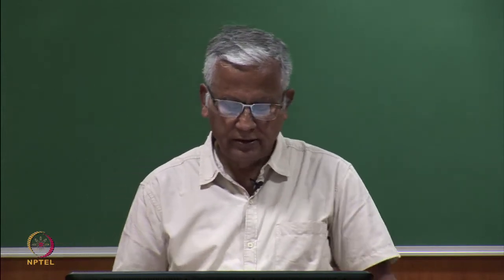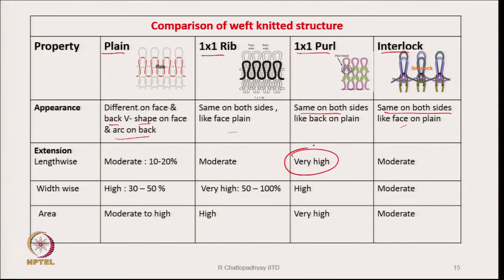Extension wise, you see purl gives you very high extension. So, if high extension is required, purl structure is the best, whereas the other structures give you moderate extension in the lengthwise direction, and in the widthwise direction purl will give you very high extension.